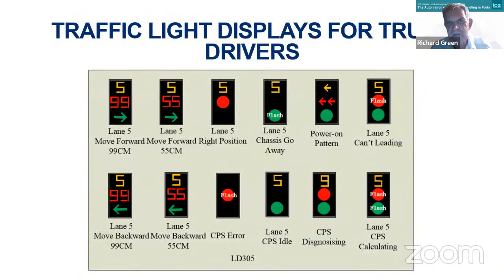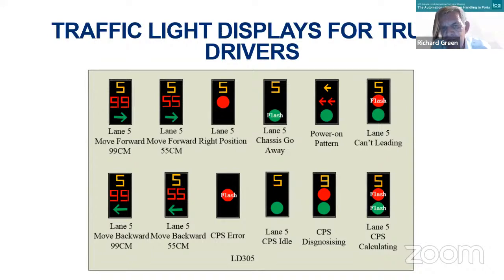Traffic light display for the drivers. It's just an example of the sort of displays that drivers will see. So top left is the 5, it's lane 5, the driver is in lane 5. Move forward 99 centimeters. Move forward 55 centimeters. Lane 5, right position, you can stop, you're in the right place.